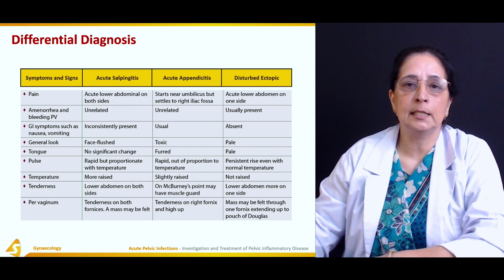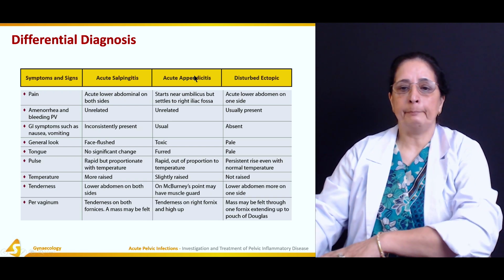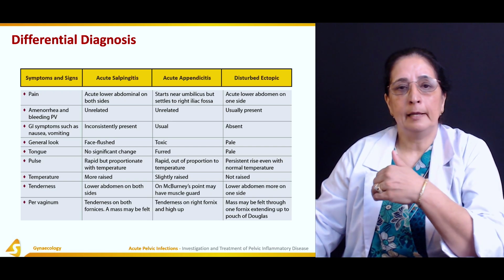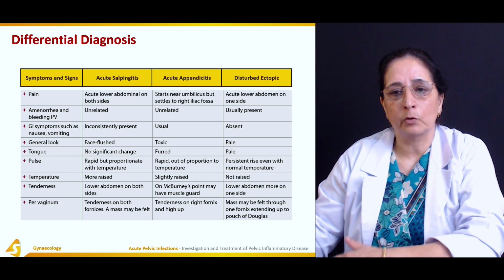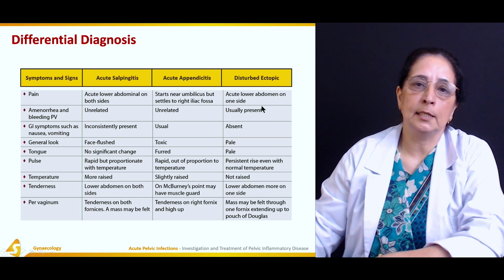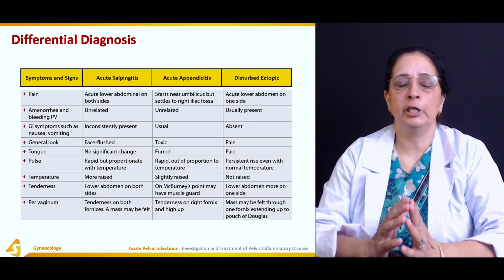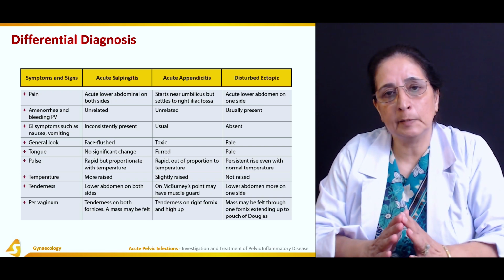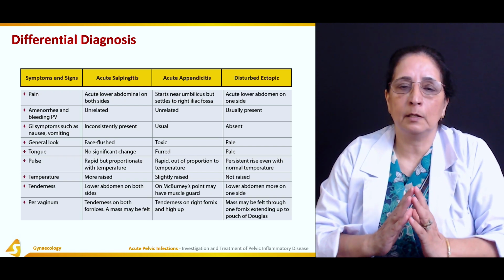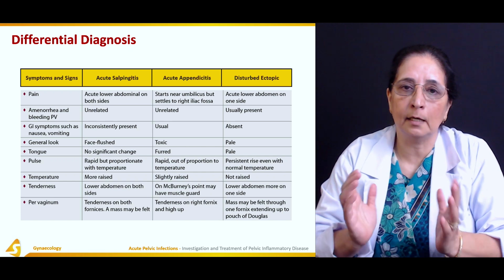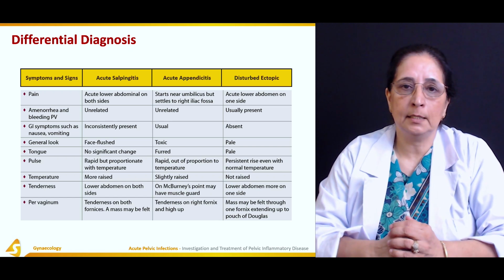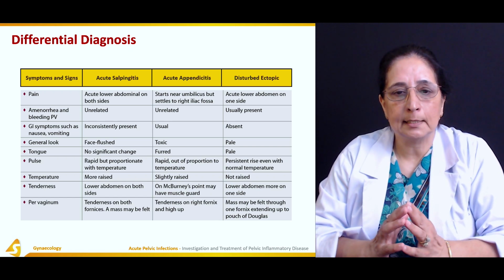In acute appendicitis, pain usually starts from the umbilical region and then goes to the right iliac fossa. In ectopic pregnancy, usually there is acute lower abdominal pain on one side. So it's an important differentiating point. In salpingitis, it is present on both sides. In appendicitis, it is present in the right iliac fossa and starts around the umbilical region. And in ectopic pregnancy, usually it is on one side.